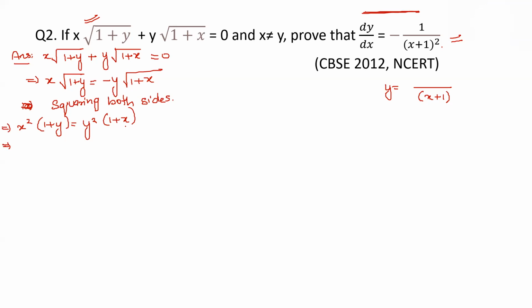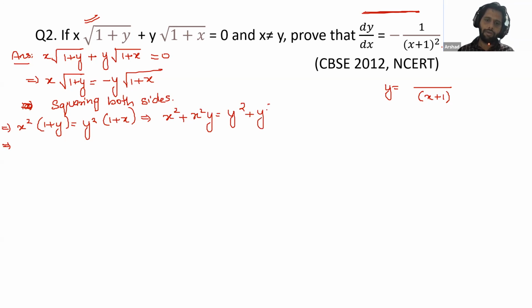Now open this bracket. So you will get x square plus x square y is equal to y square plus y square x. Now shift this y square to the left side, so you will get x square minus y square is equal to y square x minus x square y.